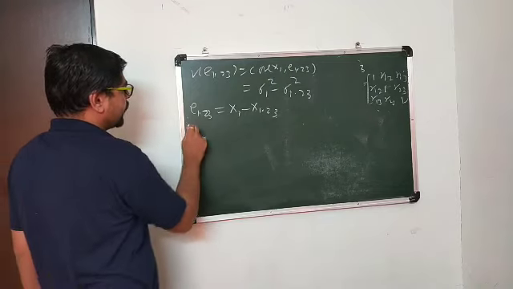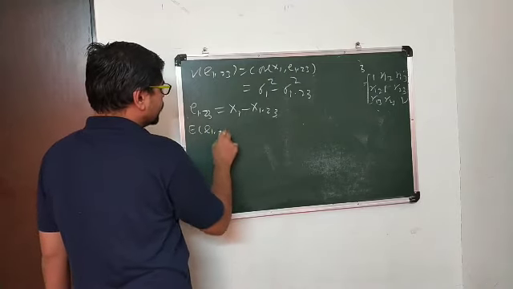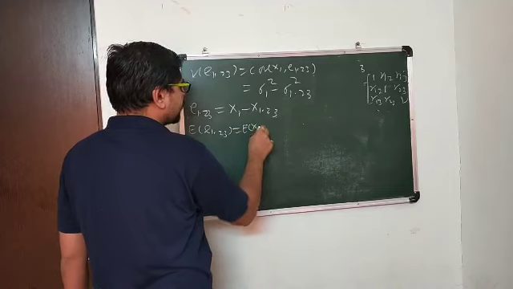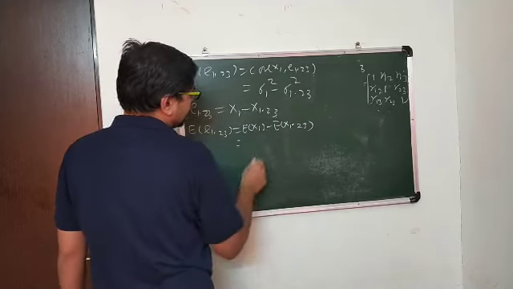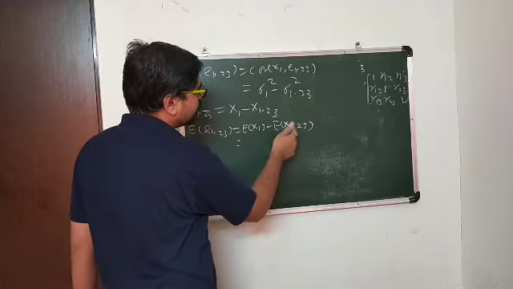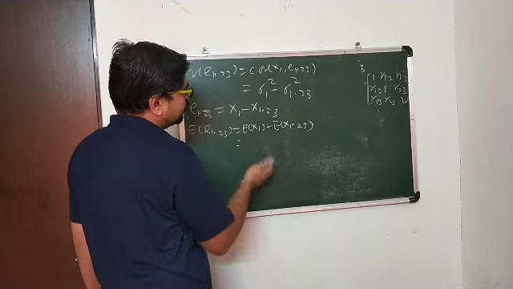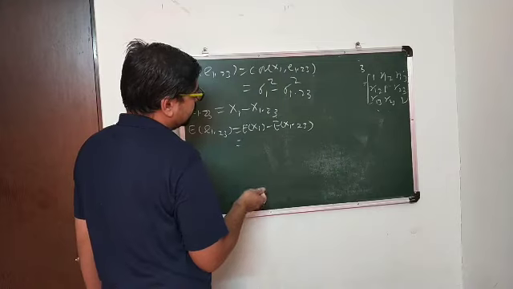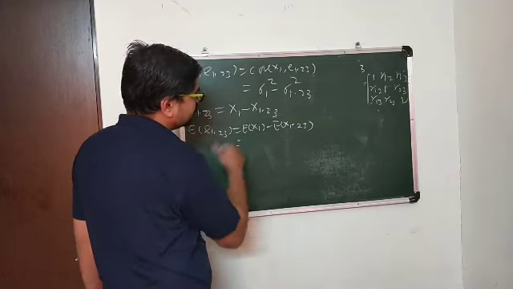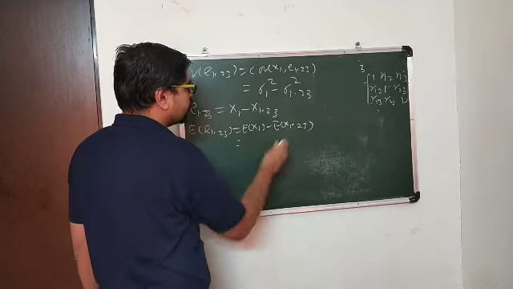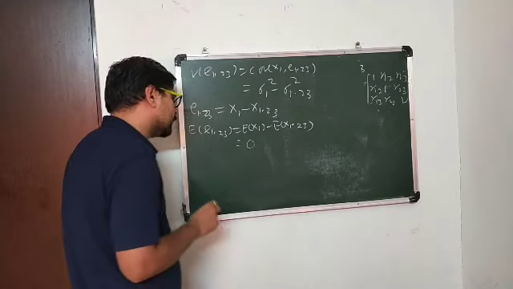So the expected value of e1.23 is the same as the expected value of x1 minus the expected value of x1.23. As x1 is measured from its mean and x1.23 is a residual, both expectations are 0, so it is 0.